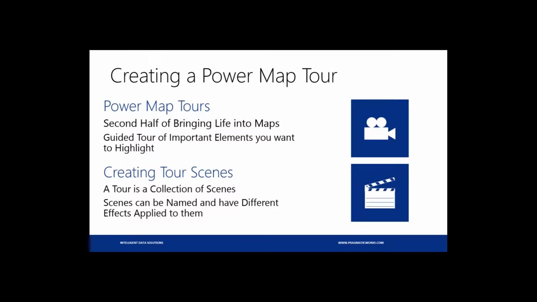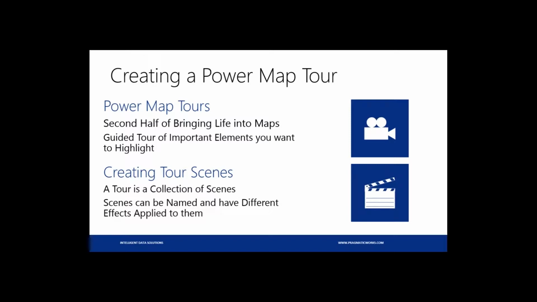So I may want to first focus in on the Northeast, then once I show all the data elements that have occurred in the Northeast during a certain time period, I can then move over to the West Coast or the Northwest. And then once I show all the data elements in the Northwest, I can then move over to the Southeast. And it brings all these different scenes, my Northwest scene, my Northeast scene, and my Southeast scene, all together into what's called a tour.